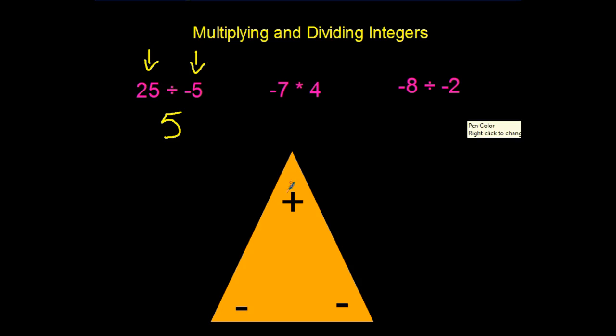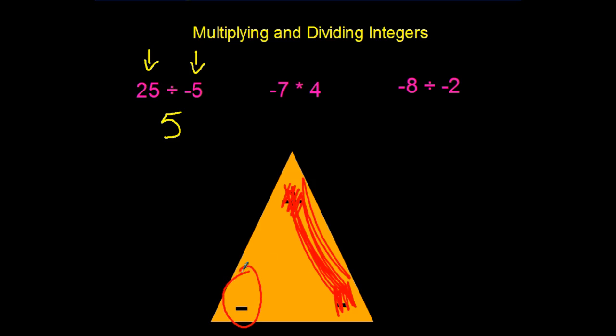So they'll just cover this part of the triangle over here, and this is what's left over. My answer here is -5, because I had a positive and a negative. When I cover those up, it shows me my answer.